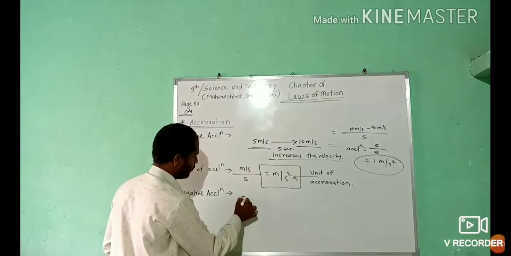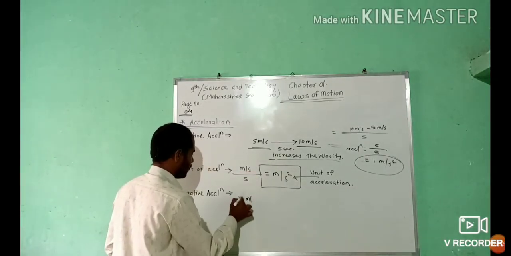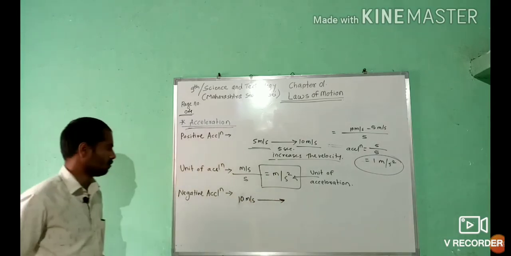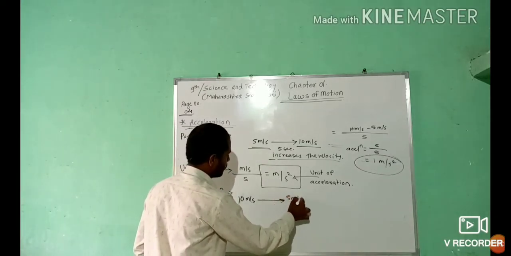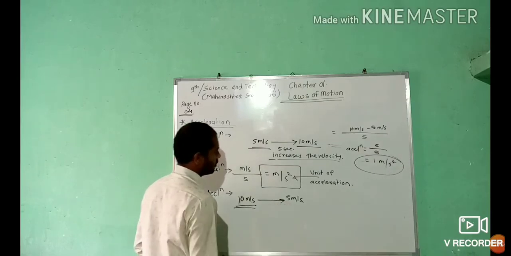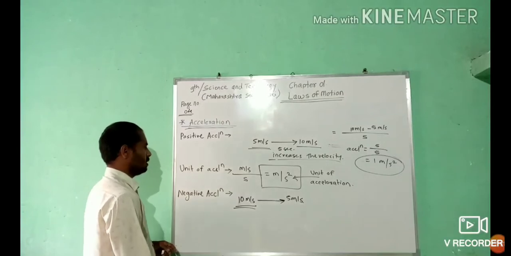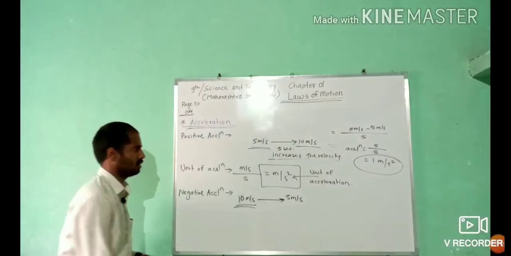Suppose you have a velocity of 10 meter per second initially, and you decrease your speed and it becomes 5 meter per second. It means the initial velocity is 10 and the final velocity is 5, so there is a decrease in speed. When there is a decrease in speed, your acceleration is called negative acceleration.